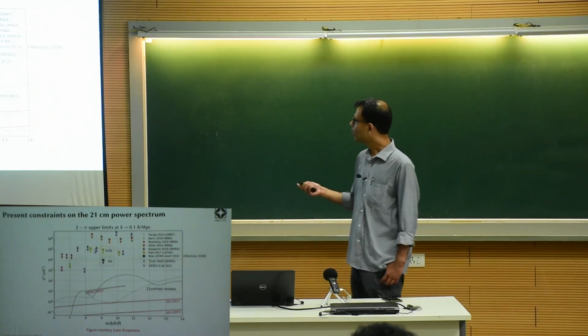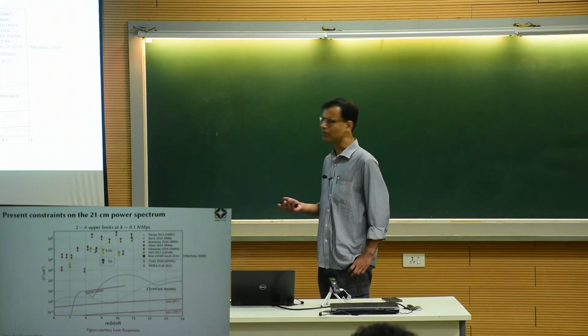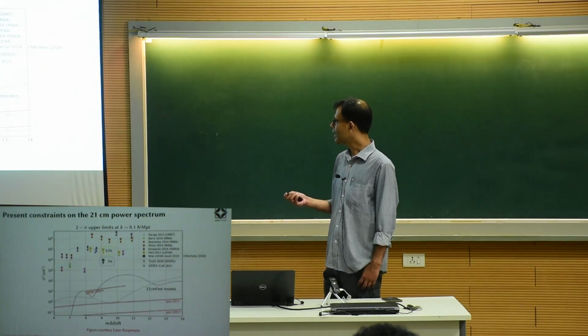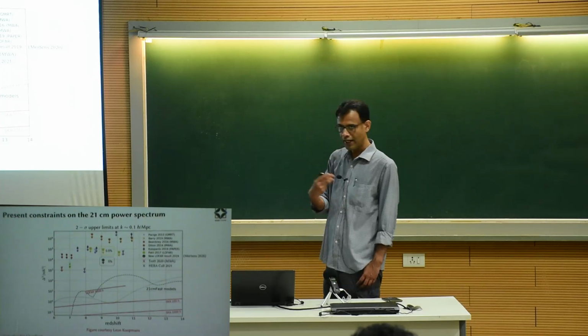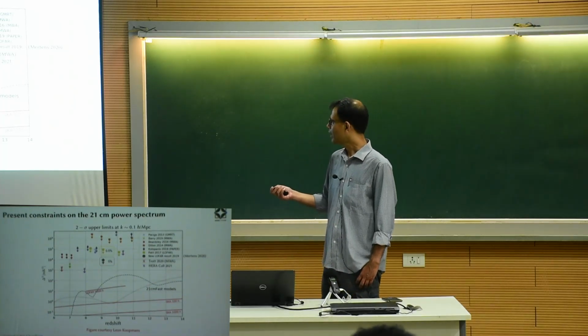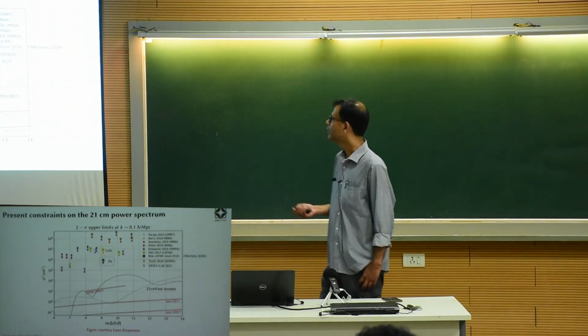But over time, all the other telescopes have taken a lot of data. They have various advantages, of course. Currently, the telescopes which are doing quite well are HERA, this is just the preliminary version of HERA, which is here, MWA, and LOFAR, which is somewhere sitting here.